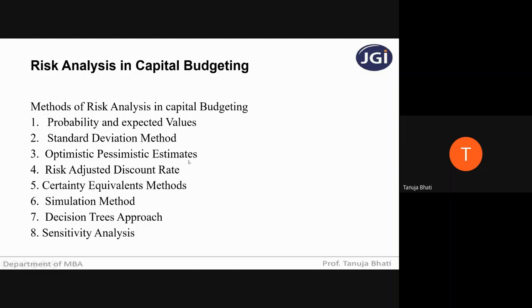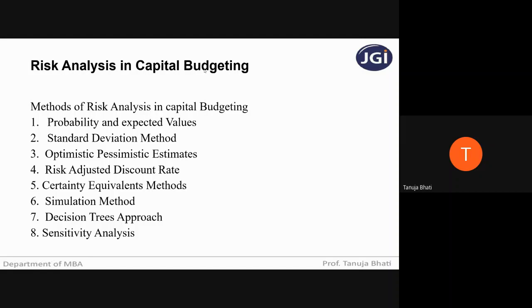This is how positive and how negative the persons or the estimates are in respect of a particular proposal. Suppose you have selected a proposal, how many people are positive that the proposal will work, and how many are negative about it and not sure that it is going to work. Based on these estimates, you can analyze the risk associated with capital budgeting. Capital budgeting is simply making investment decisions.